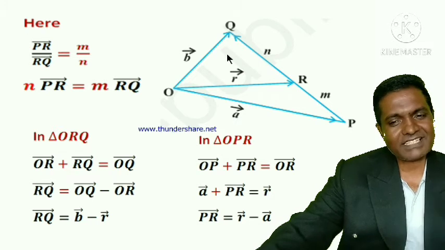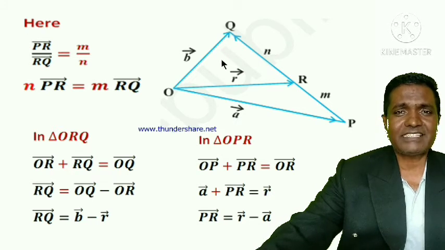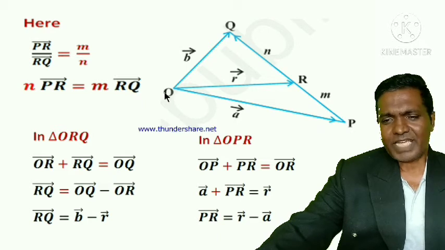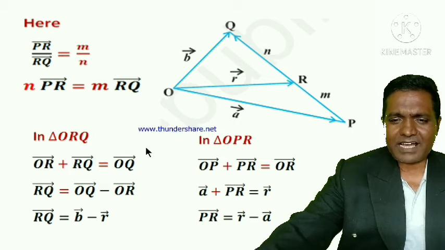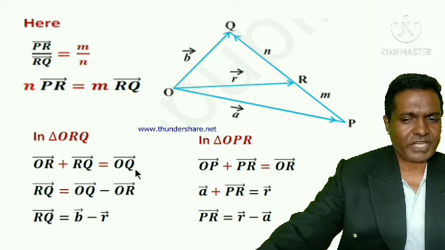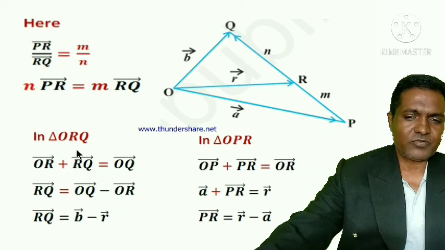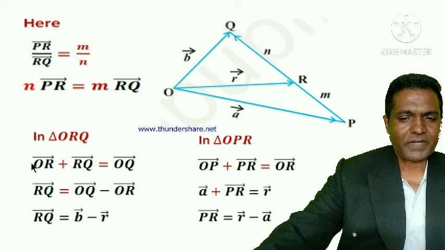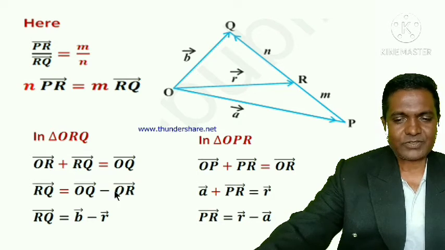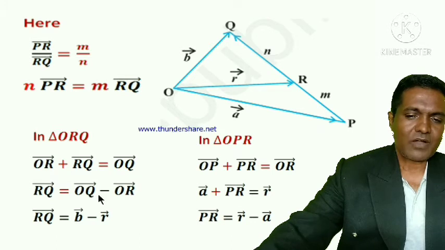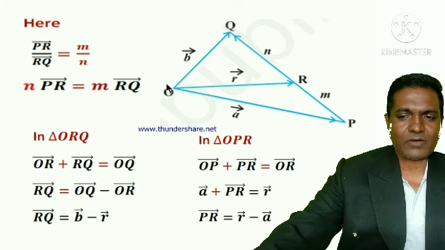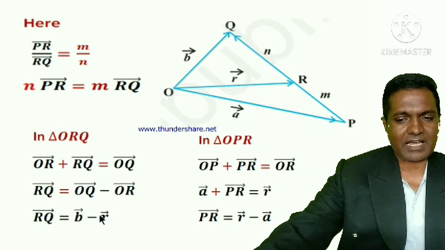So vector OR plus RQ is vector OQ, and we require vector RQ. Transferring OR to the right, RQ becomes OQ minus OR. Now OQ is the vector B and vector OR is the vector R. Substitute here.